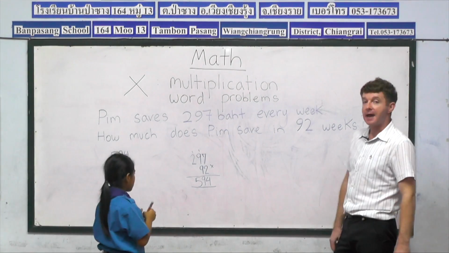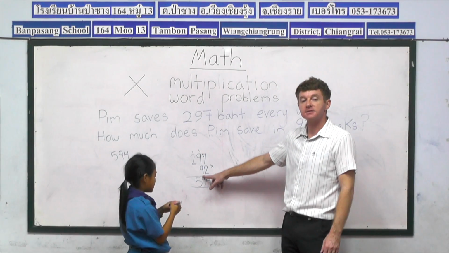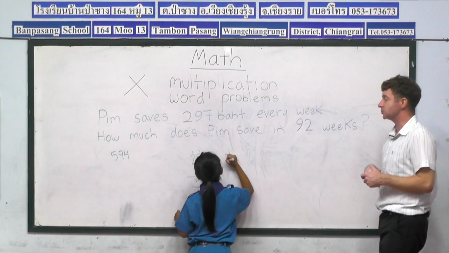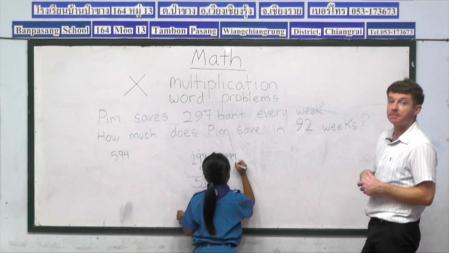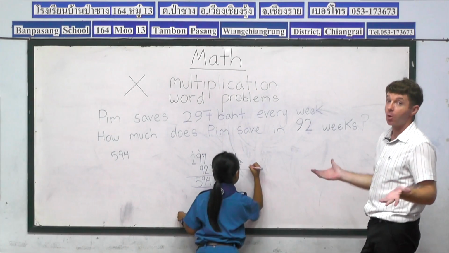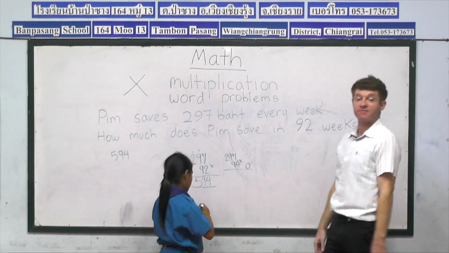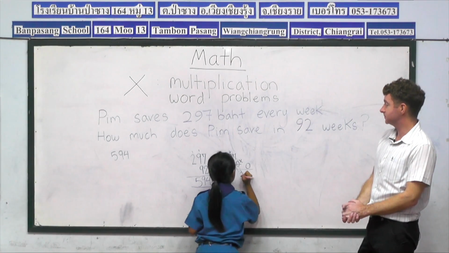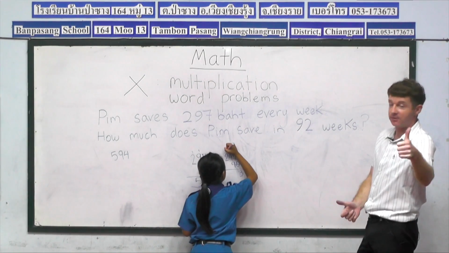Okay. Now we go from the ones to the tens. How many tens do we have, guys? 9 tens equals 90. So 297 multiplied by 90. And by now we know what to do with the 0. Delete 0. So 9 times 7? 63. Write the 3, carry the 6. Perfect, well done.